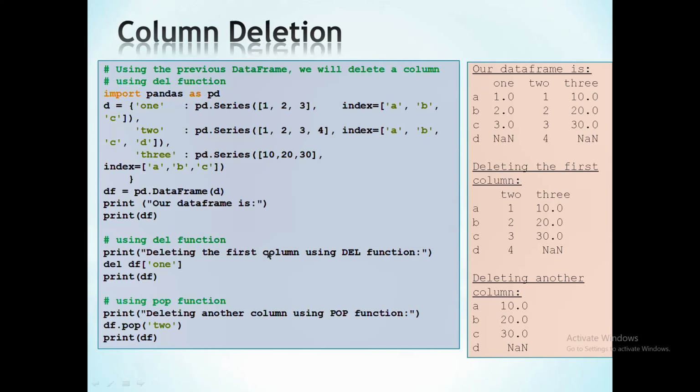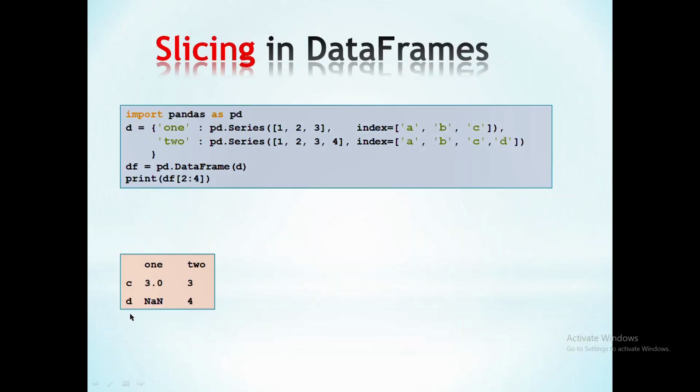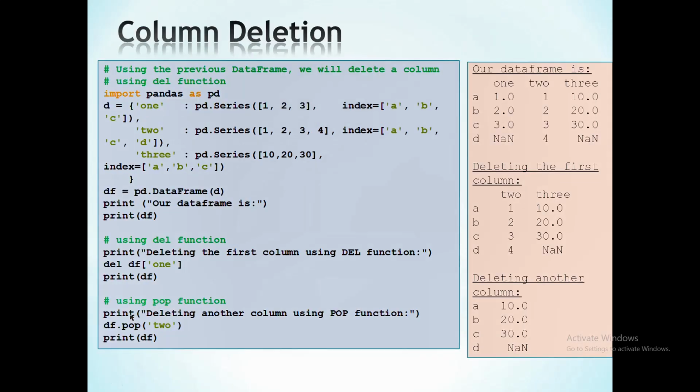Here I want to delete the first column, so I am using the function del, data frame name followed by the column name. The same thing can also be done using the function pop, that is df.pop with the column name. So it will remove column 2 also.